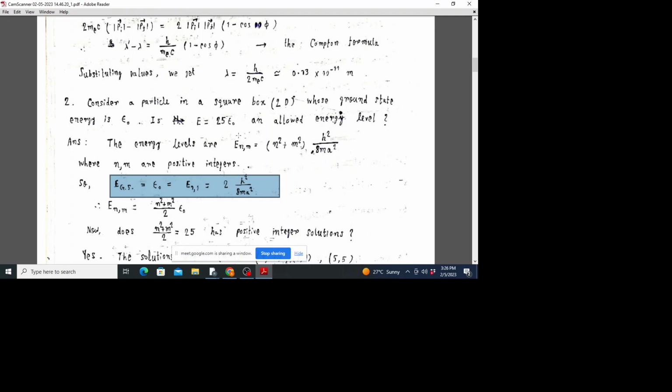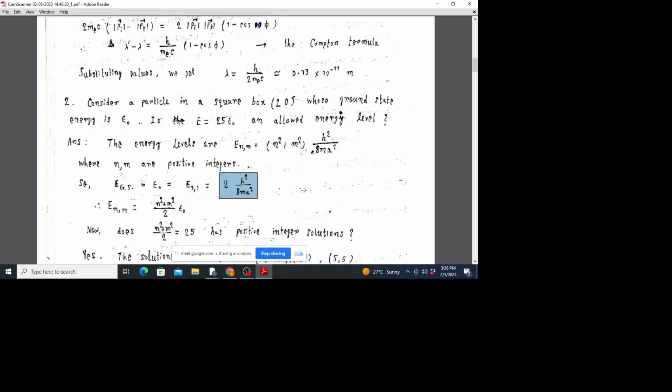Simply substitute 1,1 in this relation: put n equal to 1 and m equal to 1 and you will get 2. So our ground state energy epsilon naught is equal to 2h square divided by 8ma square.